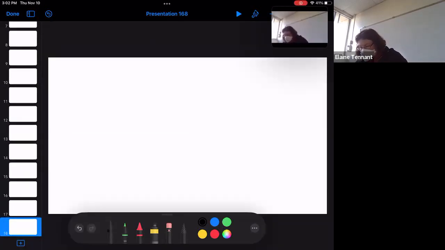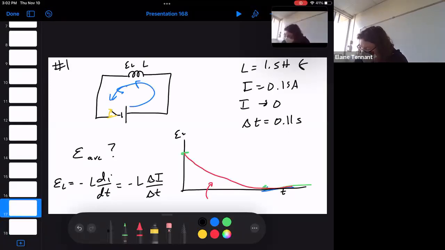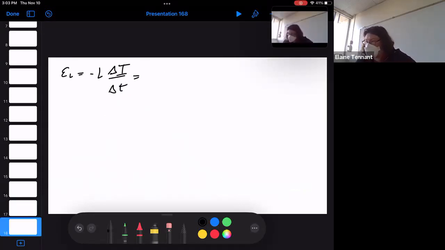So let's look at that. Negative L delta I over delta t. So our L was 1.5 henries. Our delta I, we go from 0.15 to 0, and our delta t 0.11. And they specifically asked for the magnitude, so we're just going to take the magnitude.